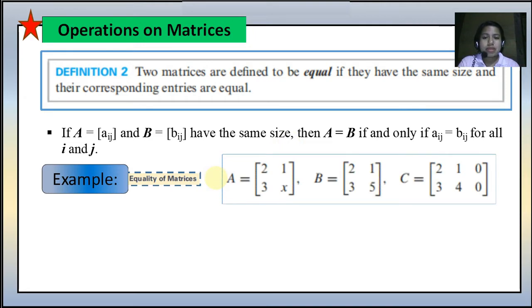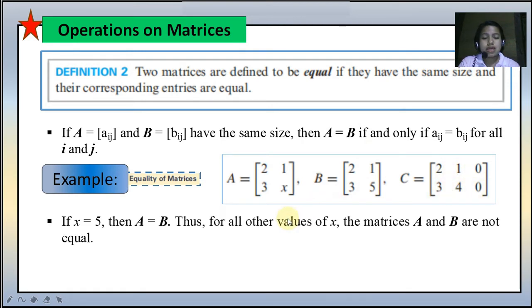We have a matrix A: 2, 1, 3, x. We have matrix B: 2, 1, 3, 5. Then we have matrix C with entries 2, 1, 0 and 3, 4, 0. If we notice, matrix A and matrix B are both 2 by 2 matrices, so they have 2 rows and 2 columns.